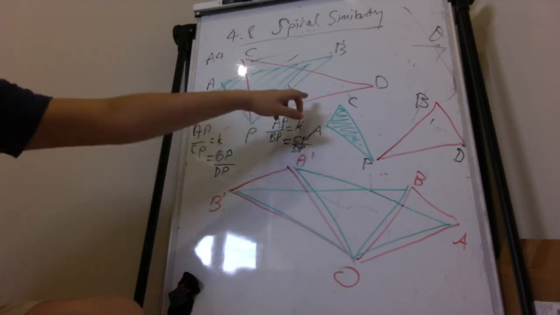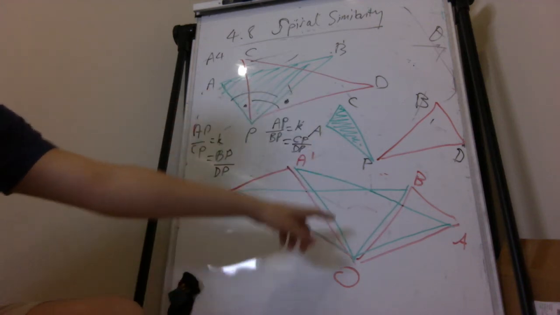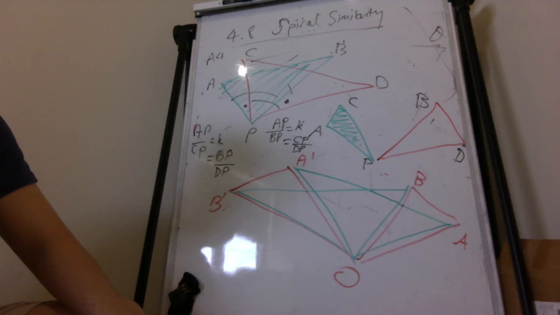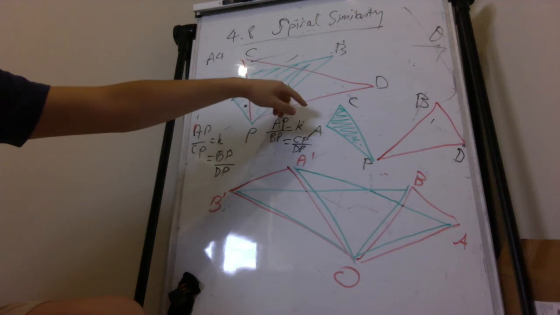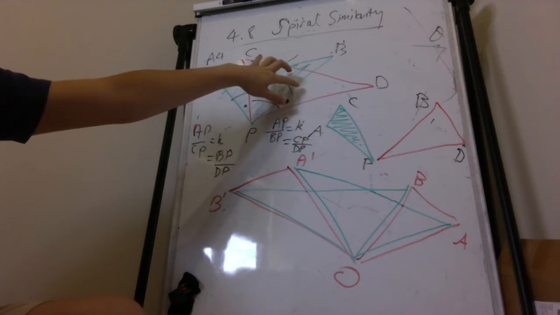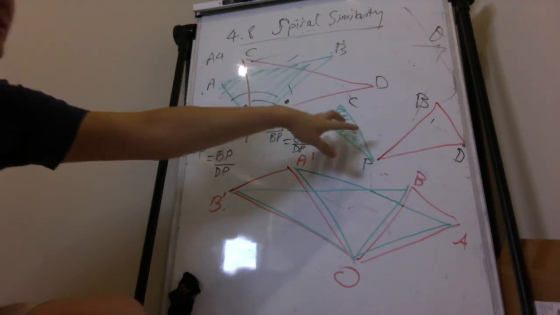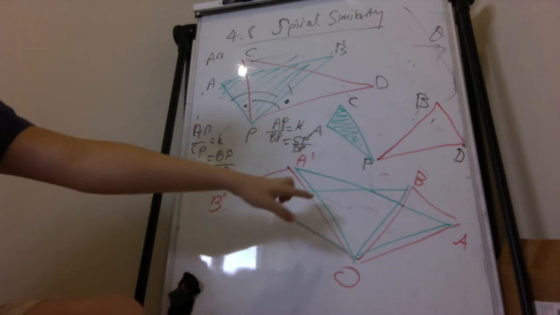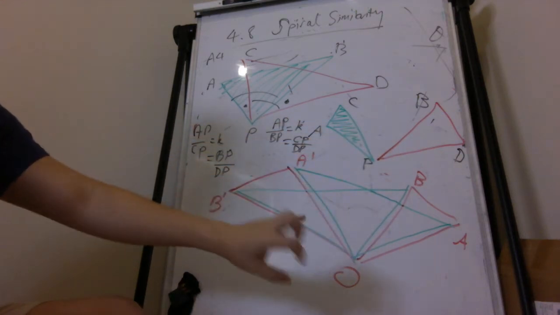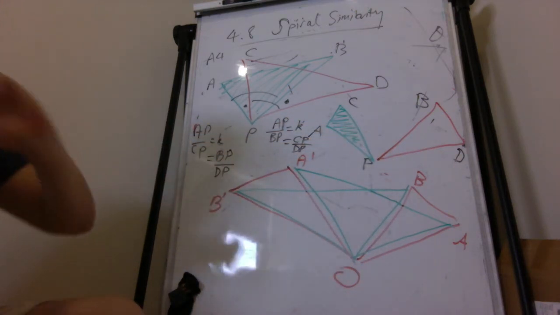This one's got a cool color coding to it. For this one, for some reason, the color didn't help. The color code is kind of weird. Oh, because you need two different triangles. Here the top one, the green is similar to the red. Here it's green is similar to green and red is similar to red. That's why the coloring didn't work.